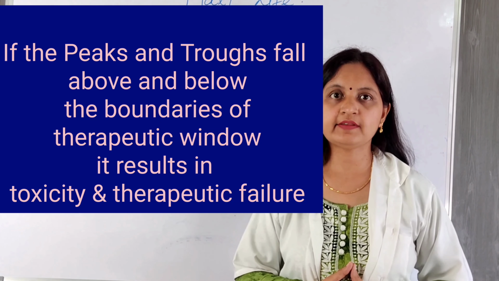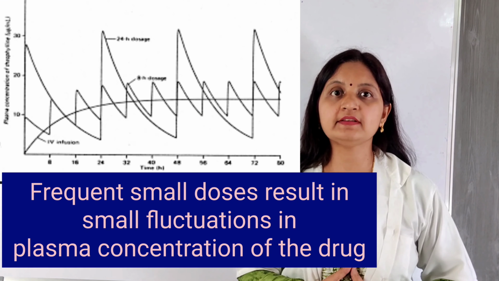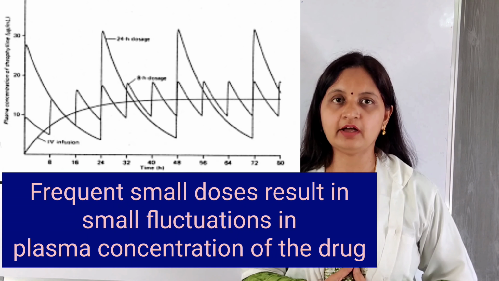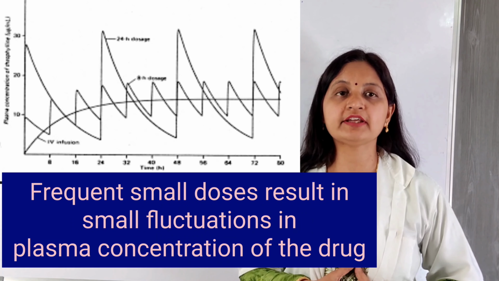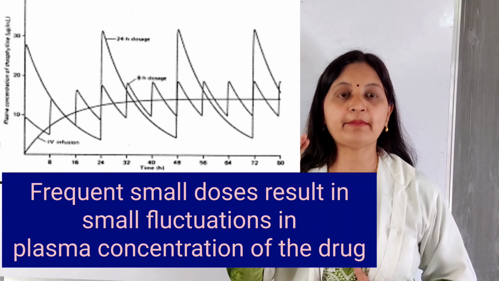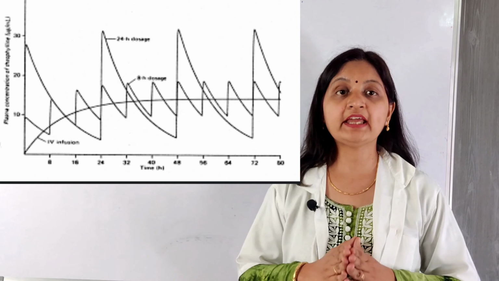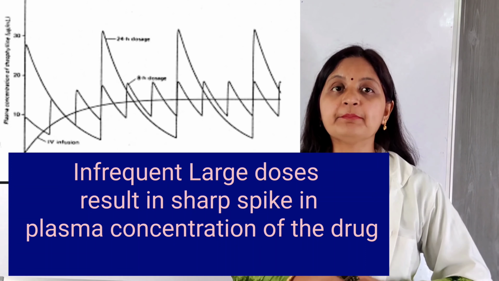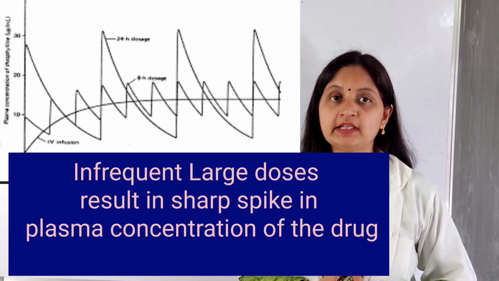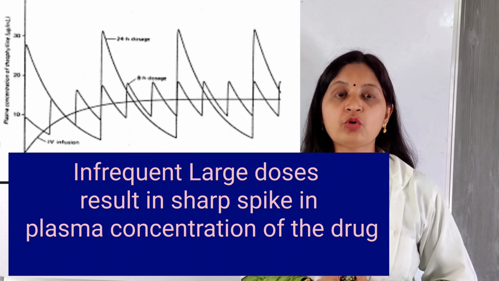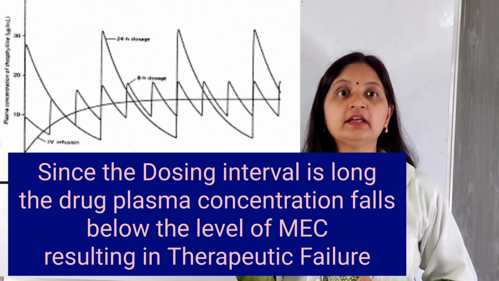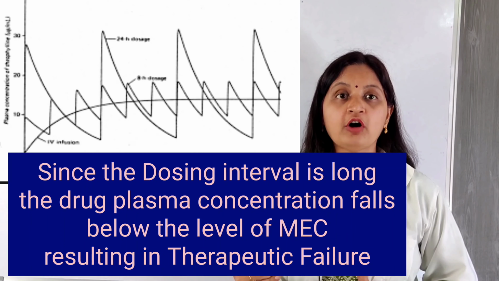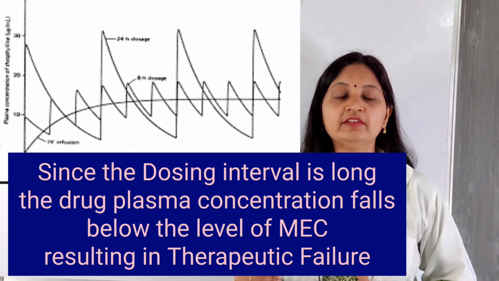Frequent small doses result in small fluctuations in the plasma concentration of the drug, and the plasma concentration remains within the therapeutic window, whereas with infrequent large doses, there is a sharp spike in the plasma concentration of the drug with a large dose, and since the dosing interval is long, the concentration of the drug falls below the boundary of the minimum effective concentration, and this can lead to therapeutic failure.